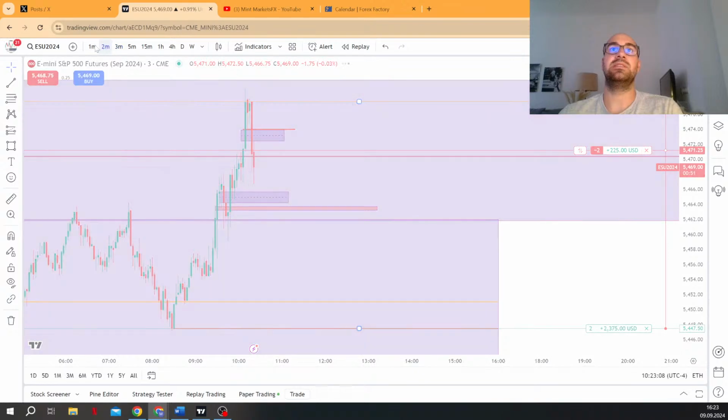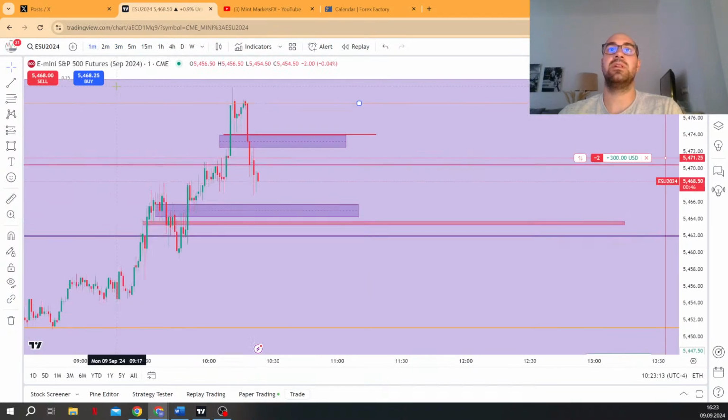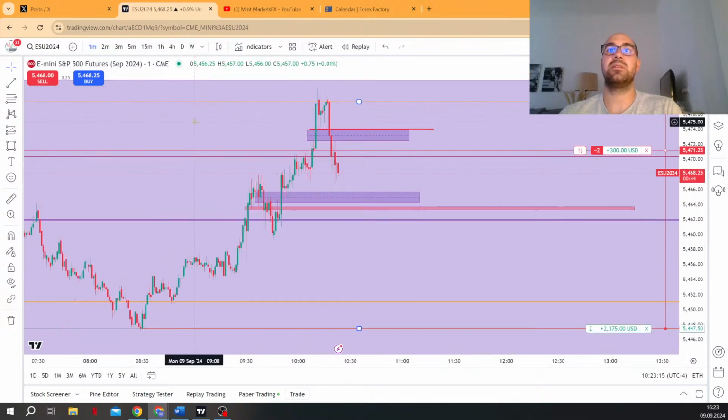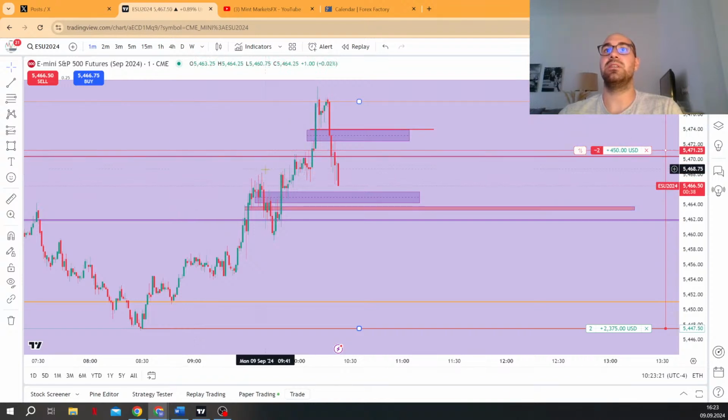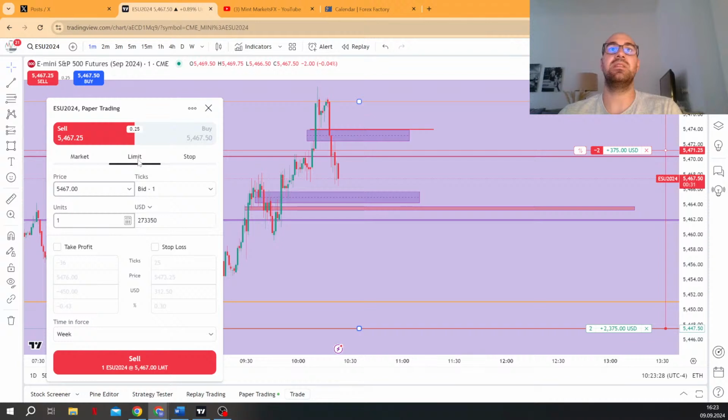And let's see what we get here. If this is our silver bullet, I will take a sell limit. I want to put the sell limit in at 5455.4. Let's do 5460.